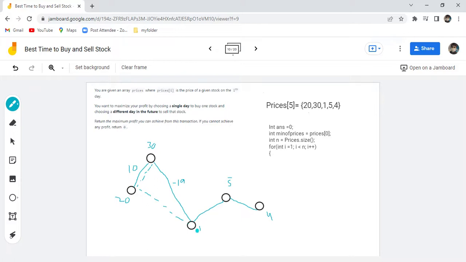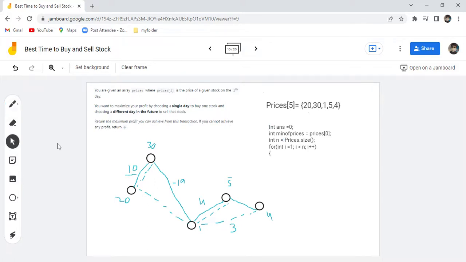So from 1 to 5, we have a difference of 5 minus 1, 4, and between 1 and 4, we have a difference of 3. So what we have got to know here is the maximum profit. We can clearly see that 10 is the maximum profit. So this is basically our answer, and we have to return this value.